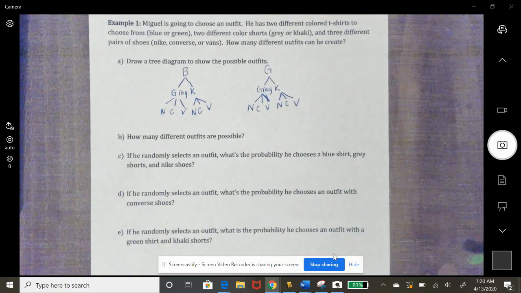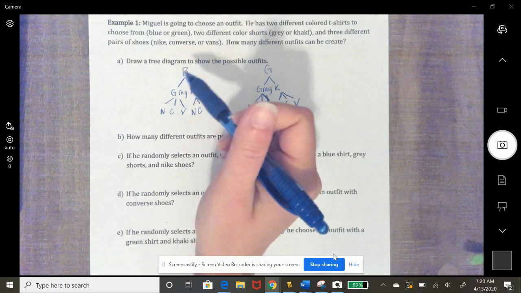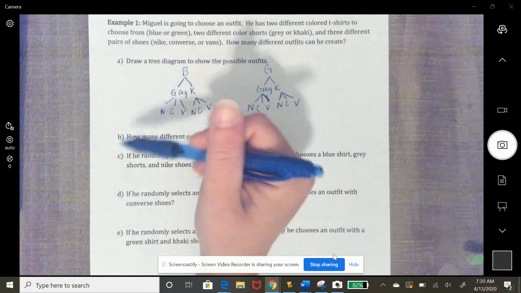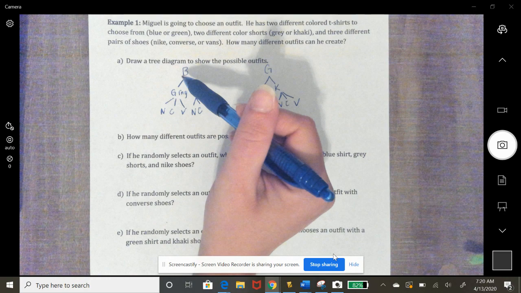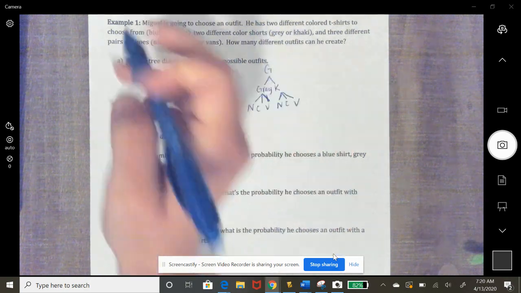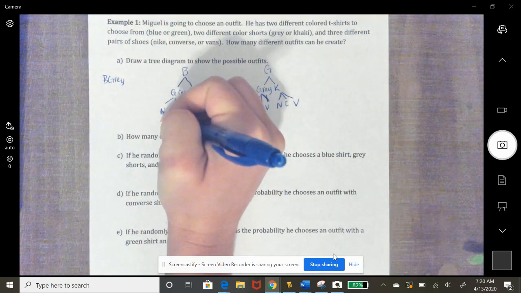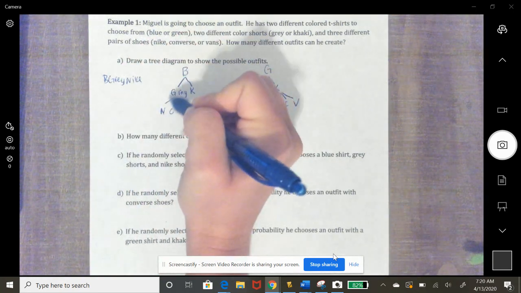When you're done with your tree diagram, you should be able to see every possible outcome, and if it helps, you can write them out as well. I'm just going to show you a few so you can see the different possible outfits. The first one is just this full branch together: a blue shirt, gray shorts, and Nike shoes. That's one outcome.